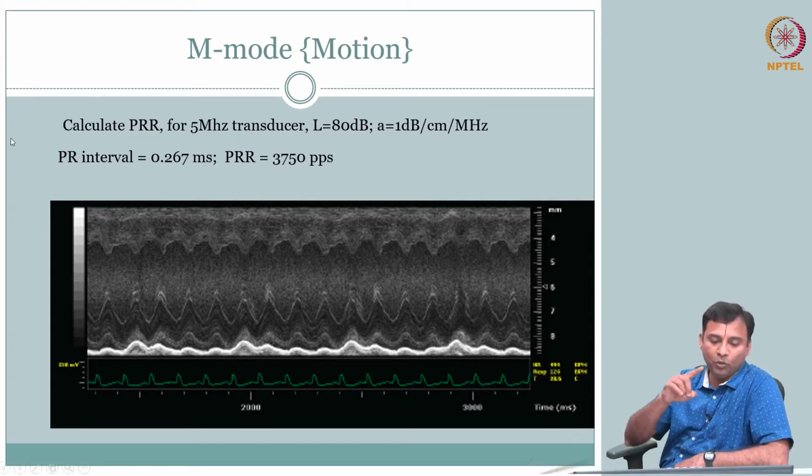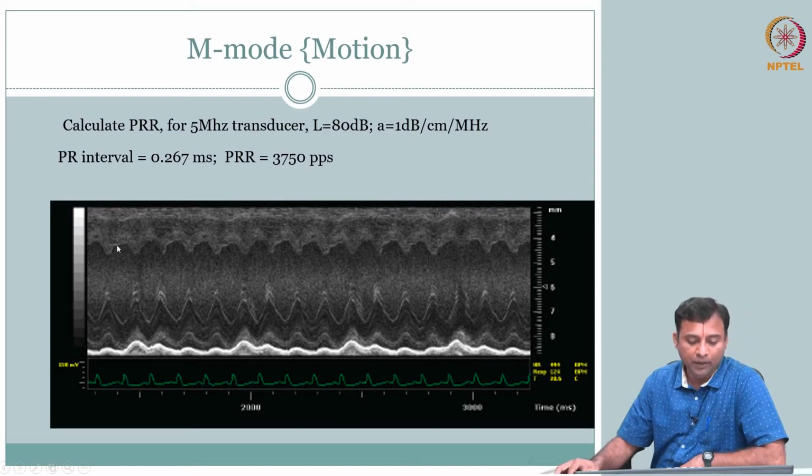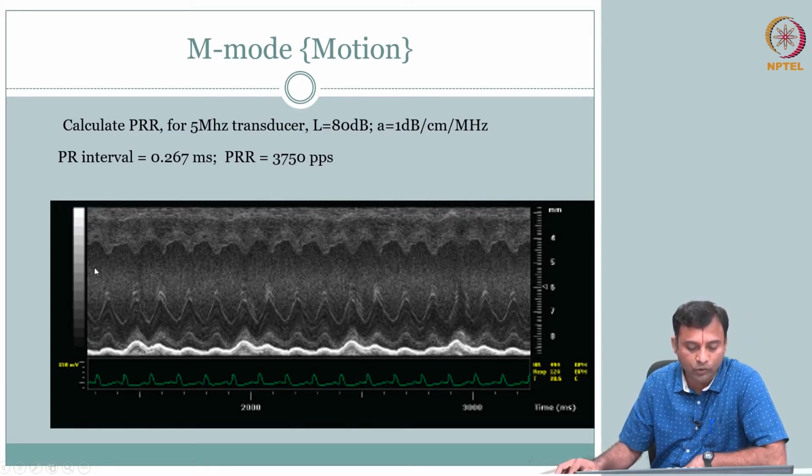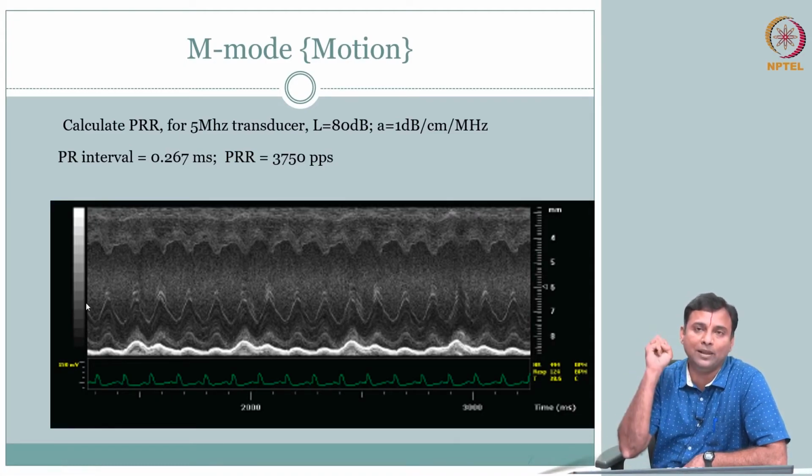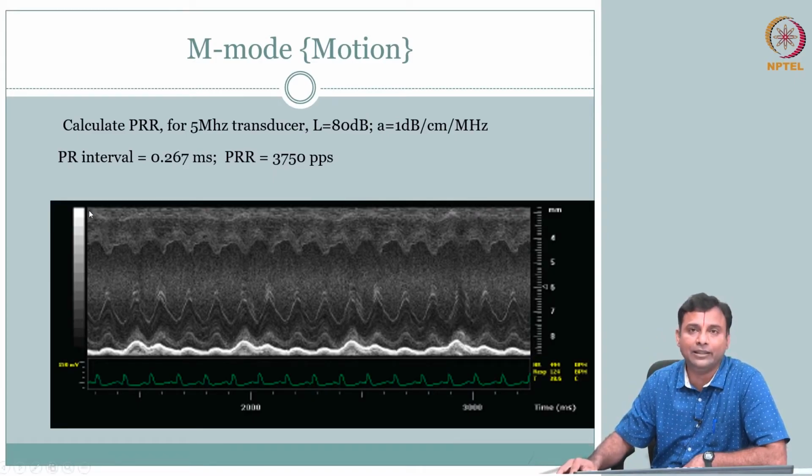So this is your amplitude mode, but this is one amplitude line. This is 0, this is your skin, and this is going into the tissue, into the body. This one line is the response to one pulse. I am sending the next pulse and placing it next to the first. So this is the time axis, this is your depth axis.